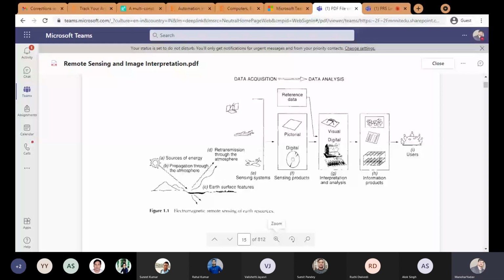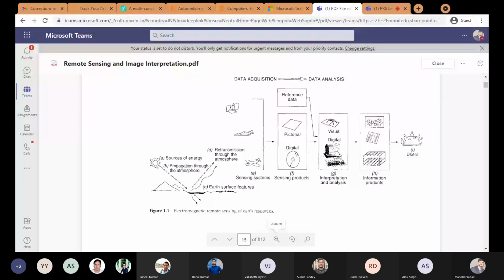Now that energy propagates outward from the sun's surface, and it also enters the earth atmosphere. Okay, so there is a propagation through the atmosphere. Once that energy enters the earth atmosphere, there is a certain interaction in terms of losses of energy. Okay, so there are atmospheric particles which interact with the energy and decrease the amplitude of energy at different wavelengths.